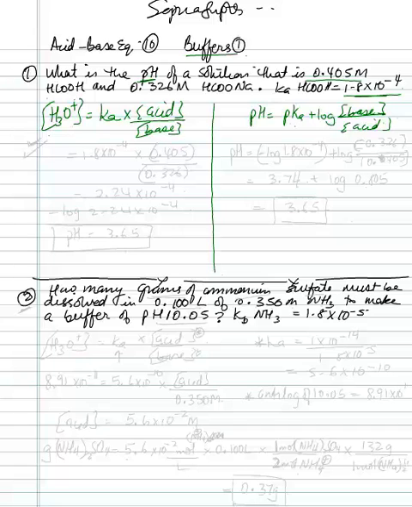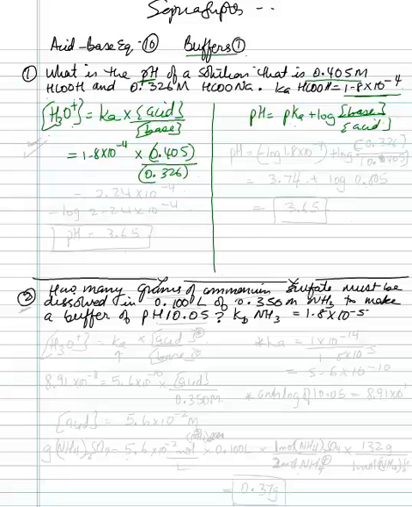So the hydronium ion concentration here is what we are calculating for, because that's what's going to give us the pH. And so Ka is equal to 1.8 times 10 to the negative 4. Our acid concentration is 0.405, and our base concentration is 0.326 molar.